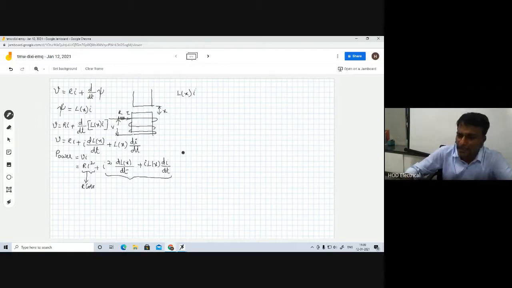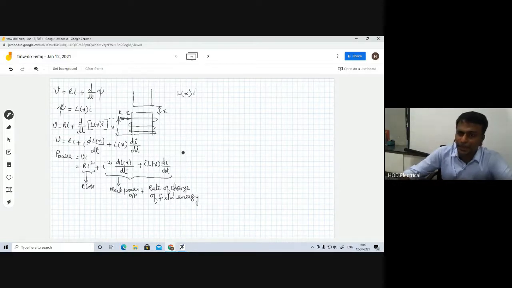So this can be the combination of mechanical power output plus the rate of change of field energy. Why the rate of change of field energy?